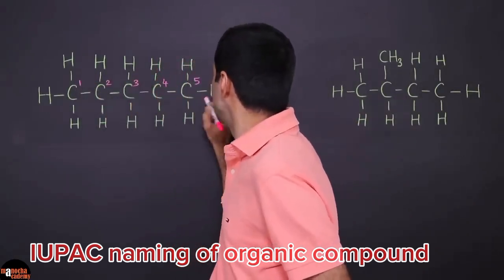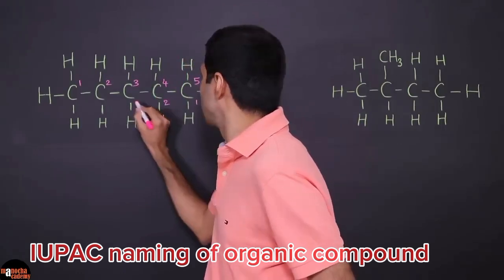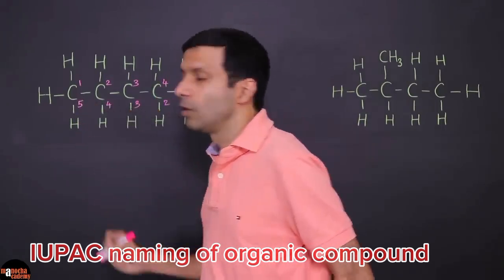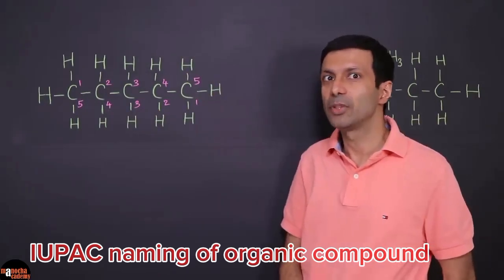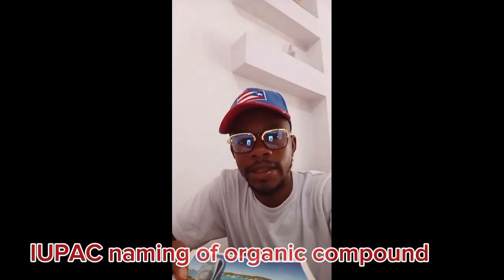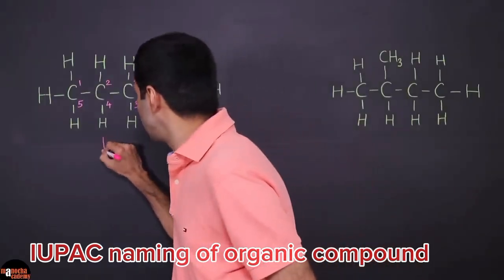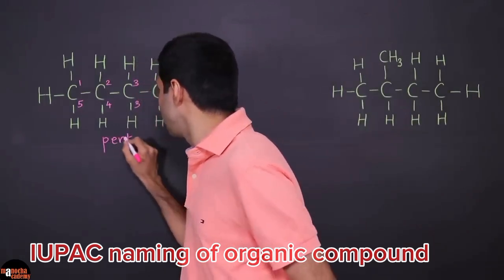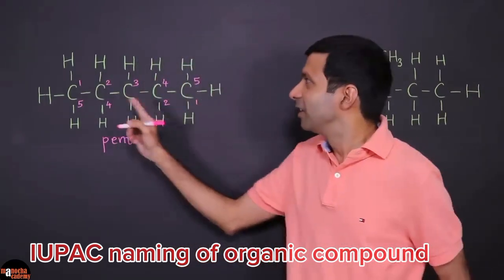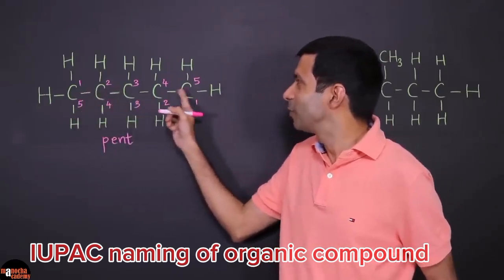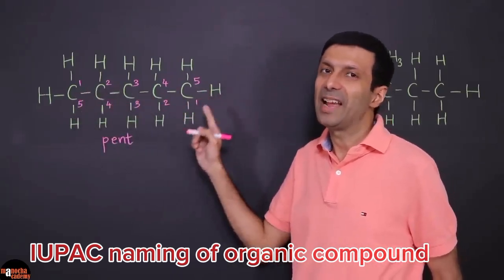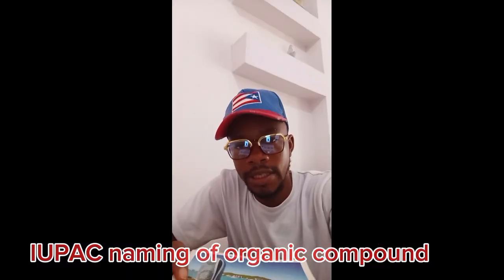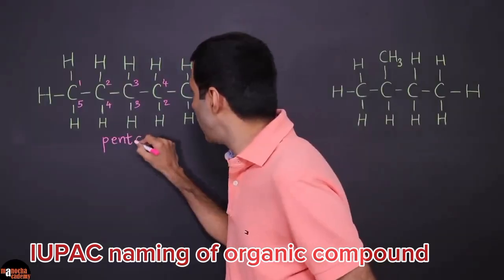So it's a 5 carbon chain. 5 carbon means the name is going to start with pent. Right? And since there are only single bonds between the carbon atoms, this is an alkane. So what is the name? It's going to be pentane.